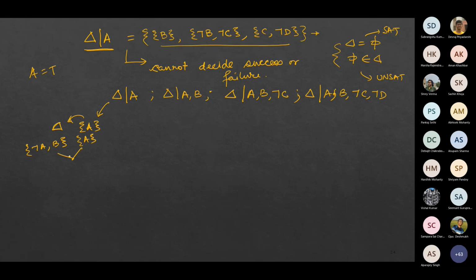We are performing one unit resolution here, right? And we get something like B. And the state of the knowledge base is this now, right? Now at this point, we are conditioning this over B. So what does that mean? We are adding this clause to the current conditioned knowledge base, right?